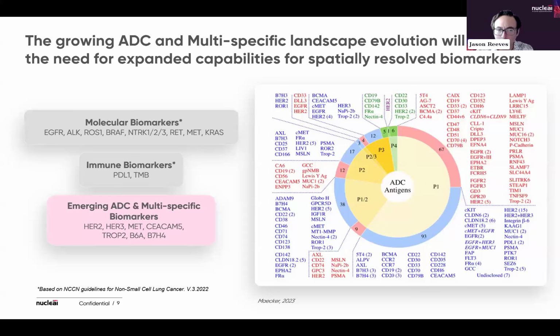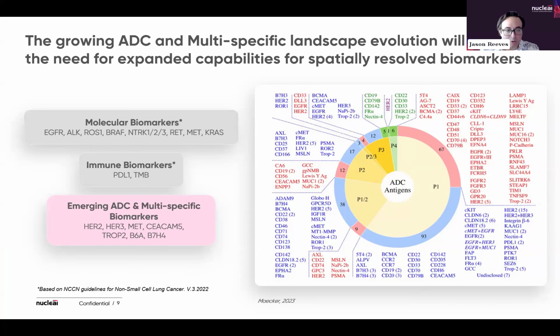There's probably a core of, I'd say, about 7 to 10 targets that currently form the majority of ADC targets in the market, but this is a space that's actively evolving as these targets move further and further through the clinical trial development stage. And you can think of this as allowing us to move from molecular biomarkers and immune biomarkers to spatially enriched biomarkers that are tumor antigens that are required for the activity of this drug.